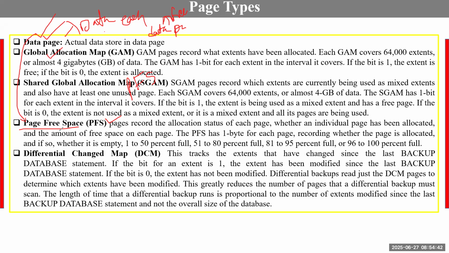Out of the box, your PFS page is also tracking free space information. So not only every page is tracking the free space information, your PFS page is also tracking. So what is the PFS page? PFS stands for page free space, which is tracking each database's free space information.